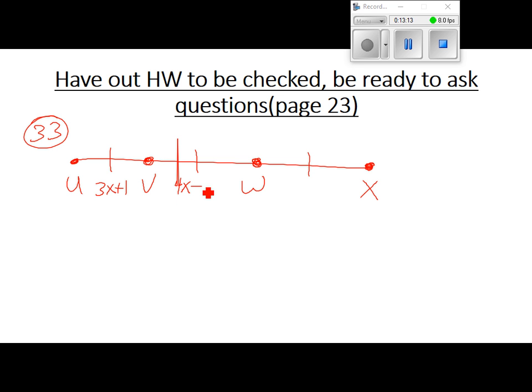Ignore that. 4x minus 6. And this one's 2x plus 8. They're all the same. What am I going to have to do? Take the first two. Just because Zach likes the first two better than the others. Doesn't matter.